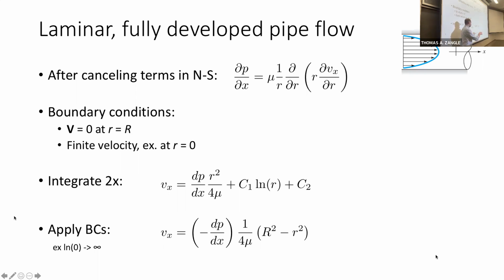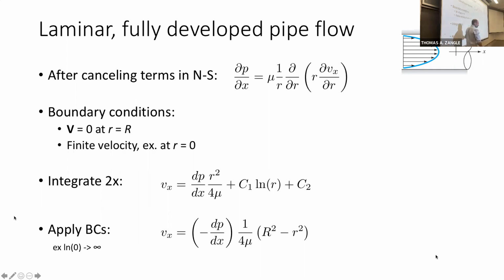It's axisymmetric, so this is like a paraboloid, like if we take that thing and imagine rotating it around the axis of the pipe, that's what the velocity looks like, right? We have this parabolic shell as the velocity profile that we've developed for laminar, fully developed flow within a round pipe. Okay.